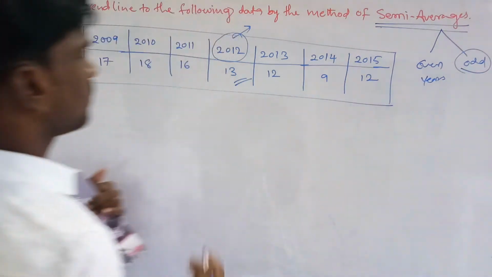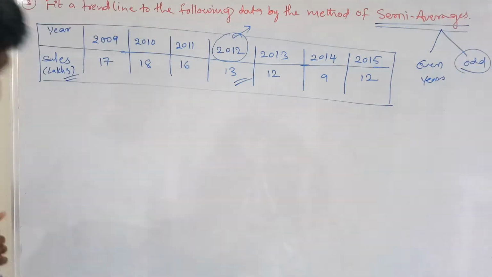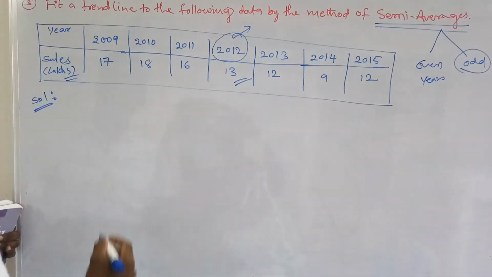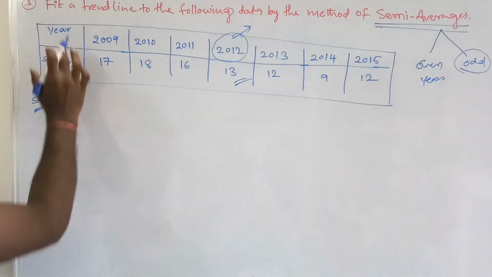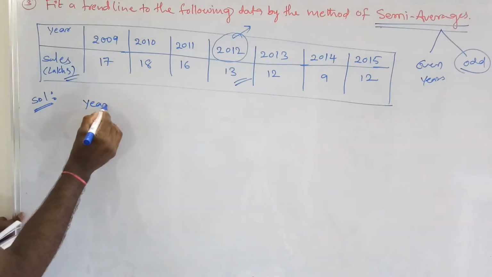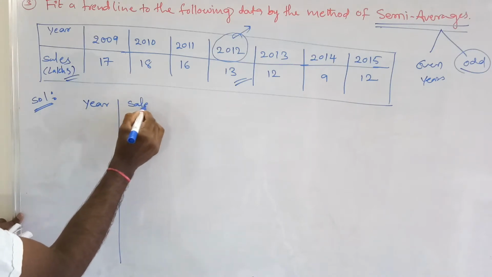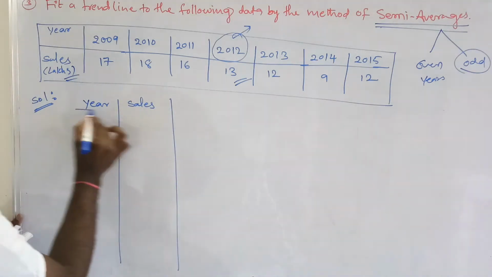Coming to this, the solution of this problem is: first you draw a table with year and sales.